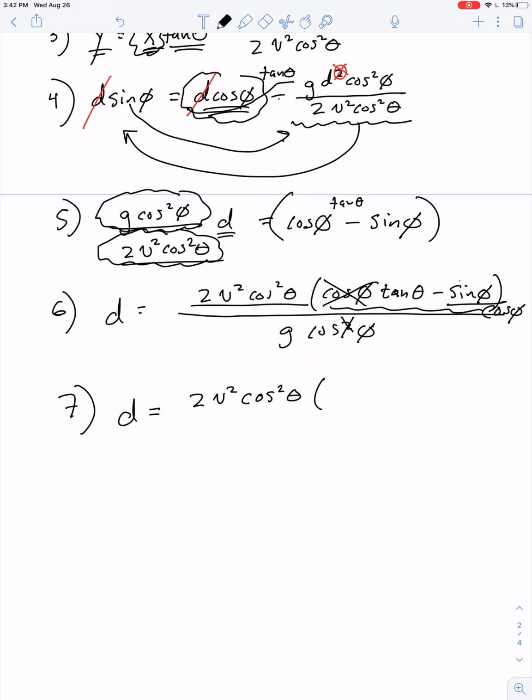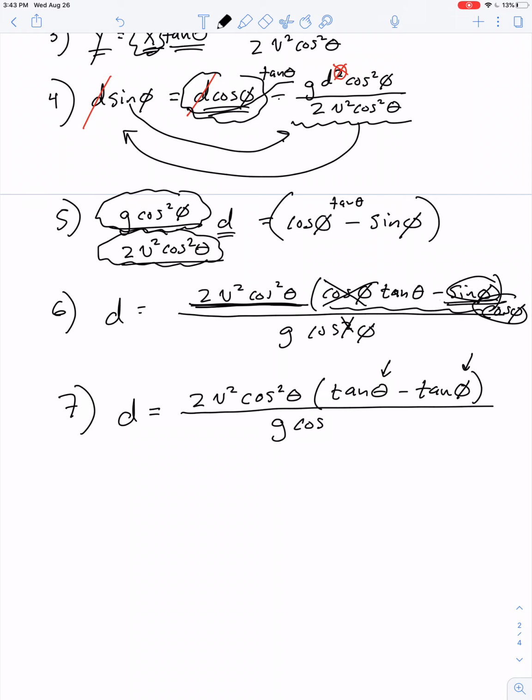Okay, so I have 2v squared cosine squared theta times tangent theta minus sine over cosine is tangent, so minus tangent phi. Don't confuse theta and phi, two different angles. And then all of this divided by g cosine phi.